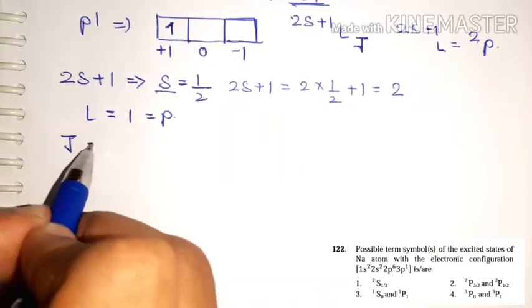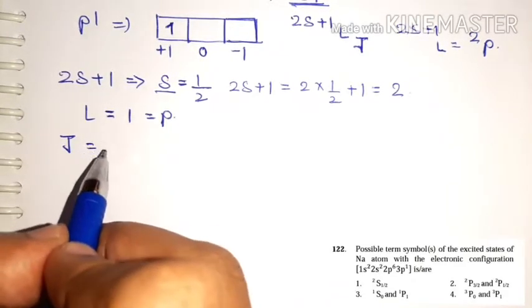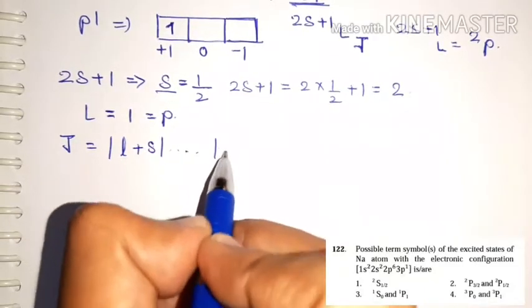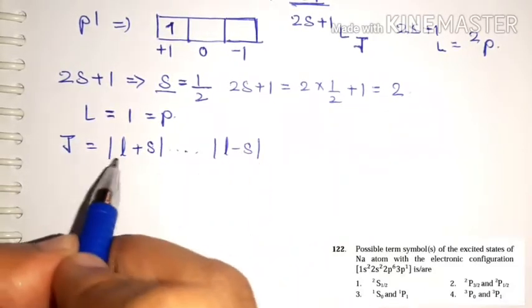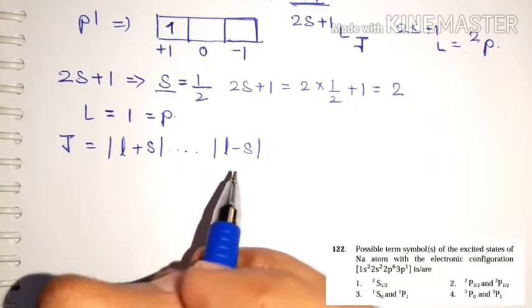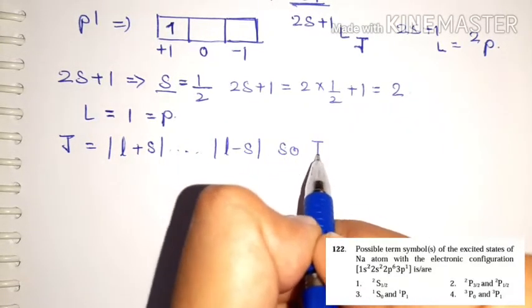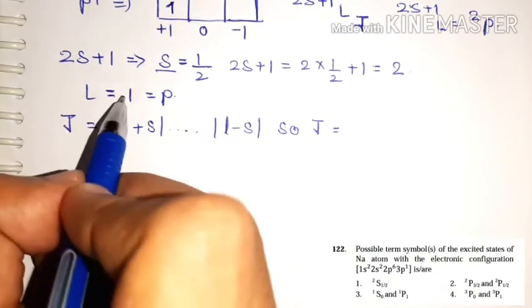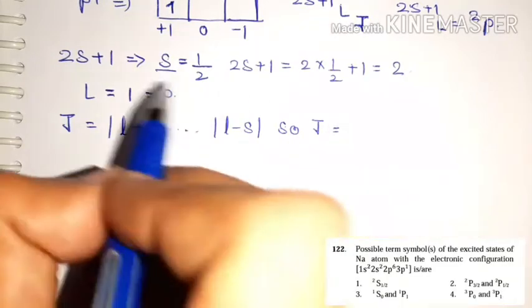So we know very well that the value of J goes from L plus S to L minus S. So J will be equal to L plus S. The value of L is 1 and the value of S is half.